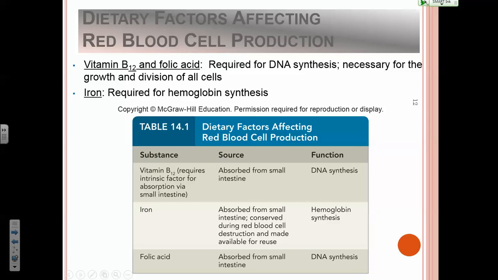And without these two vitamins, you won't have enough DNA production. Even though the mature red blood cell does not have DNA, the precursor cells do. And because you're making millions and millions of those every day, you've got to have adequate amounts of vitamin B12 and folic acid.